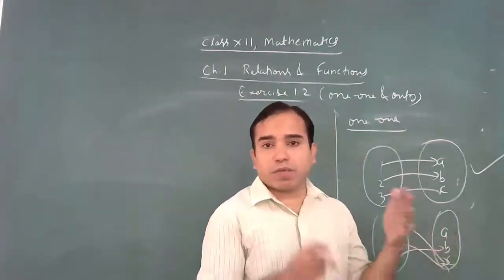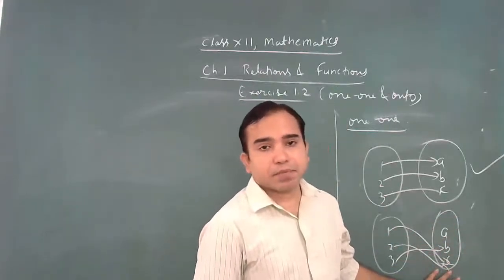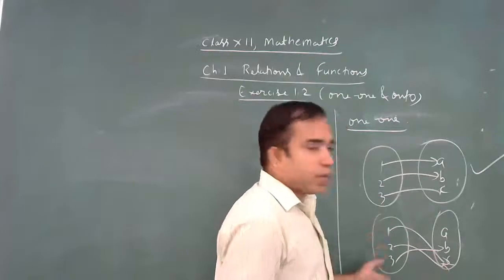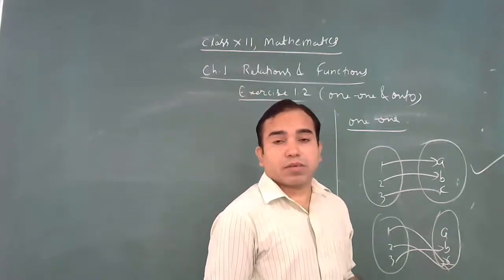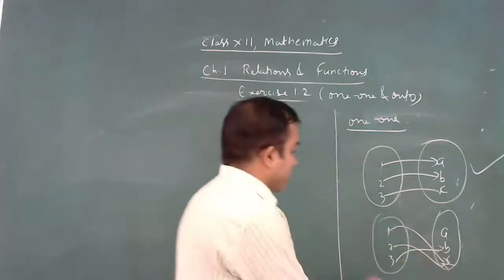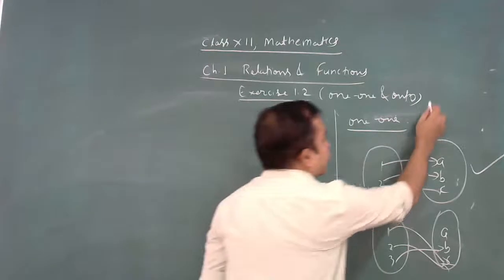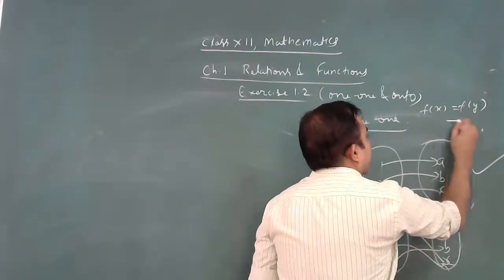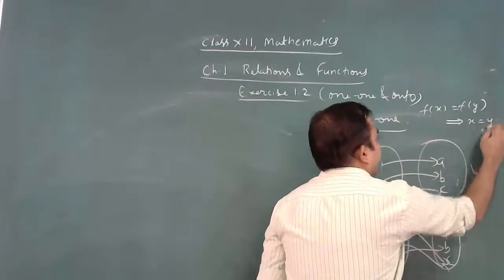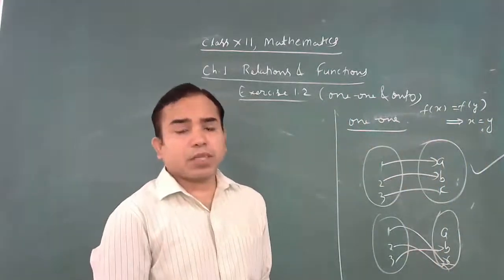So if a point in codomain is being shared by more than one domain point, then the function is not one-one. And apart from this, some more mathematical definitions we saw, like f(x) equal to f(y) implies x equal to y. For same image, the respective pre-images should be same, isn't it?